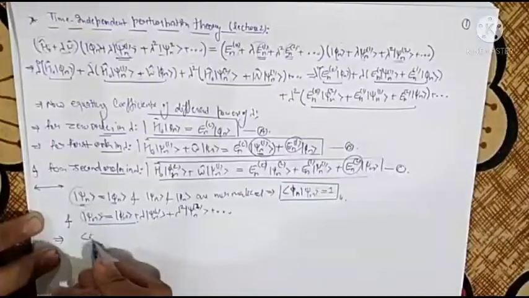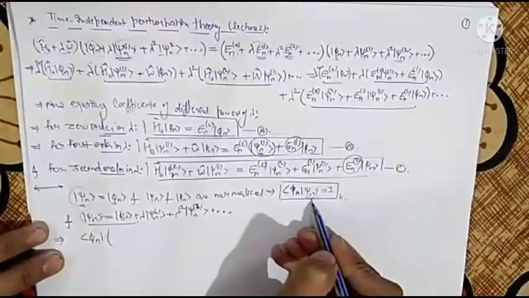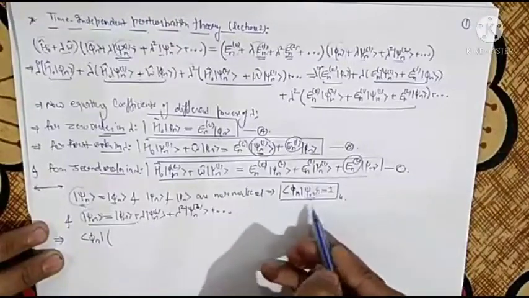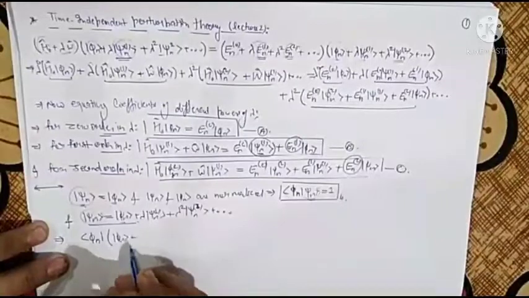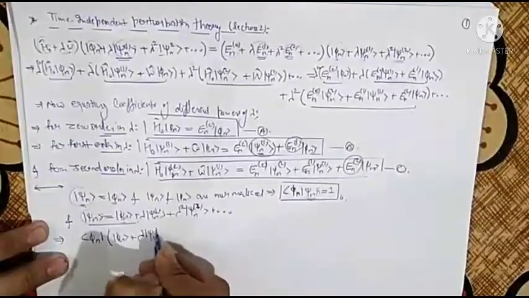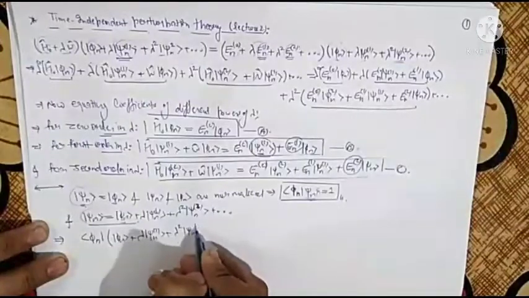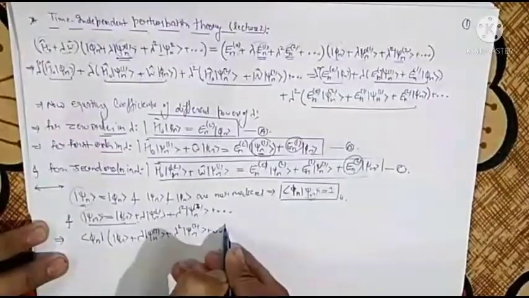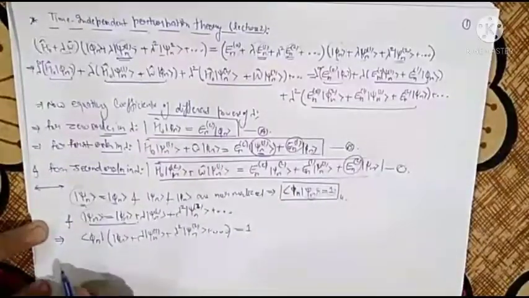So you just have to put this particular value of psi n in this equation. So you will get psi n, and just replace it with this value. So it will be phi n plus lambda psi n1 plus lambda square psi n2 and so on is equal to 1 on the right hand side.